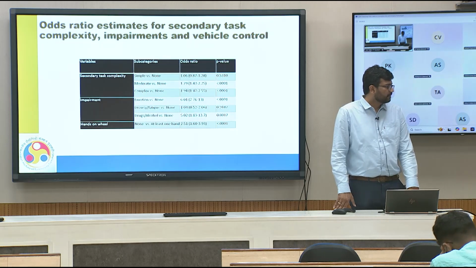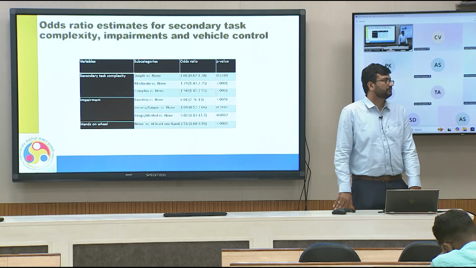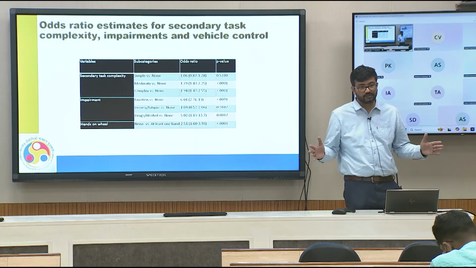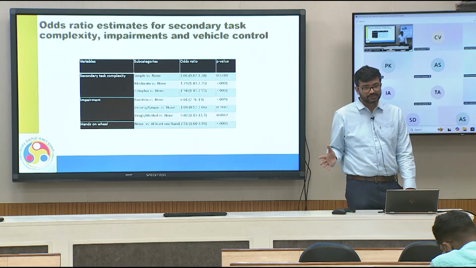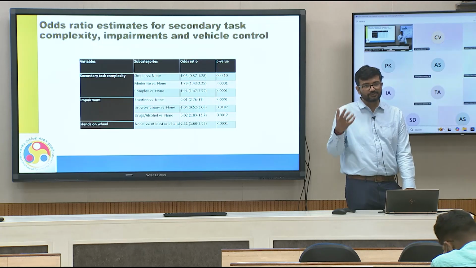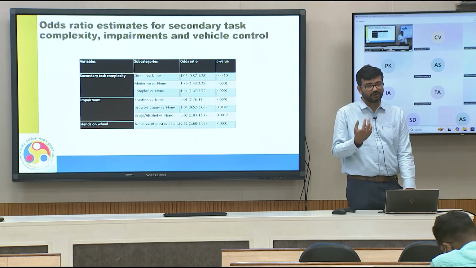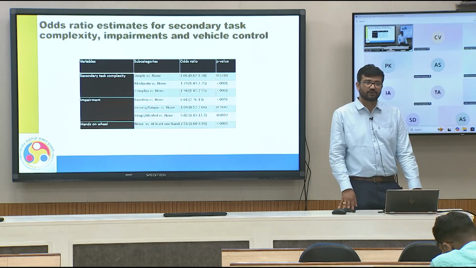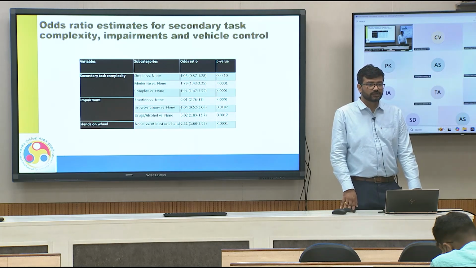Because this data was collected for a very long time, data loggers were there. You need to not only collect the data but also store it. So data loggers, different sensors and cameras were all included together.